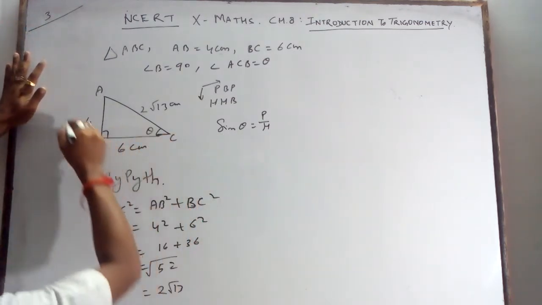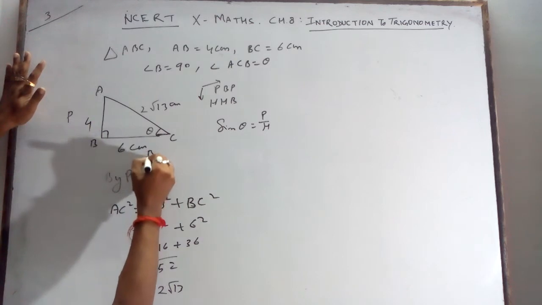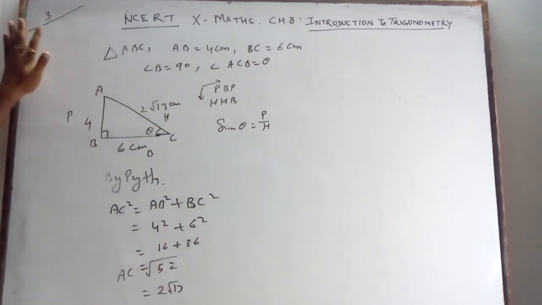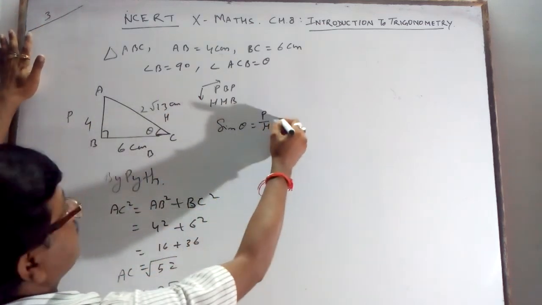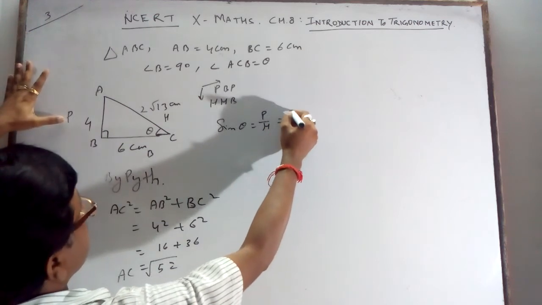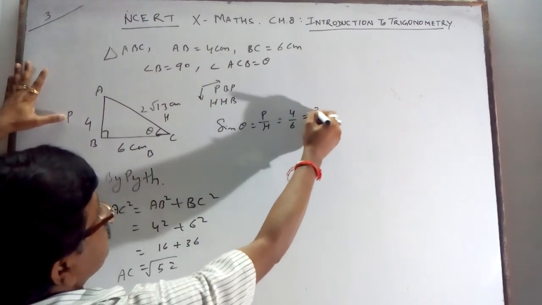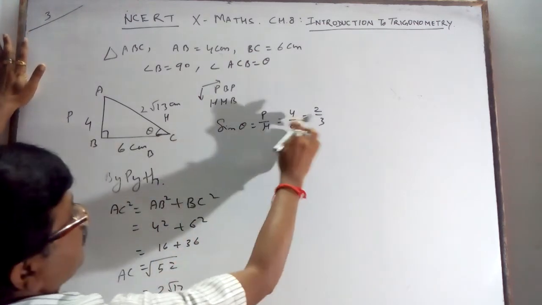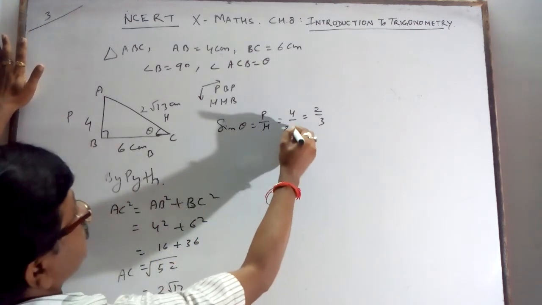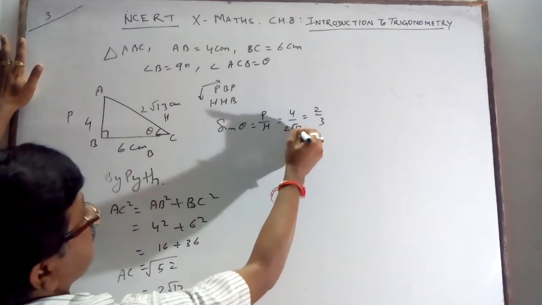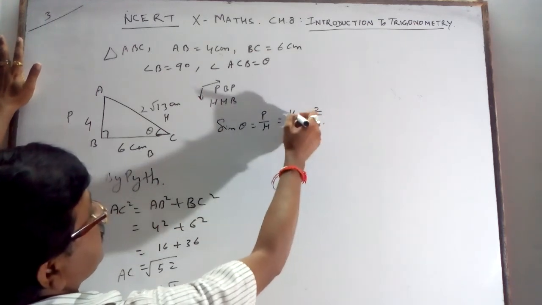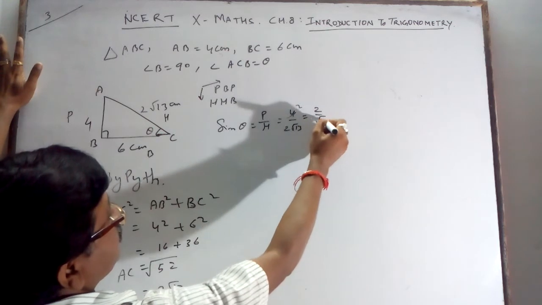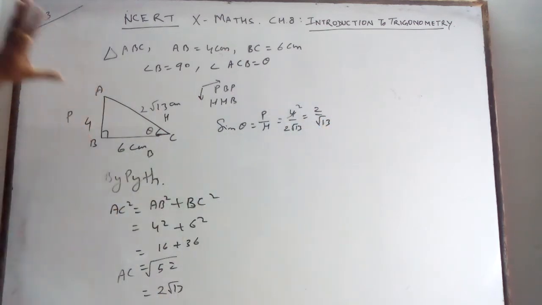Further, it will be the perpendicular, the base and the hypotenuse. According to this you write sin theta is equal to P, means 4 upon 2 root 13. You get 2 and 2 cancel, so you will get 2 upon root 13. It is your sin theta.